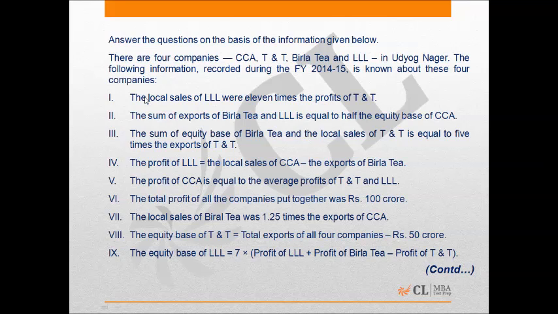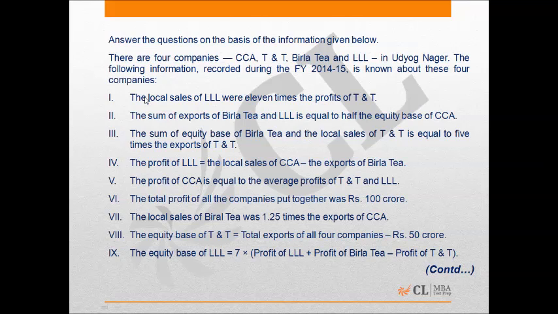Here the companies are CCE, T&T, Birla Tea and LLL, and four parameters are given, and these are economic in nature for these companies. These parameters are equity base, local sales, export, and profit.